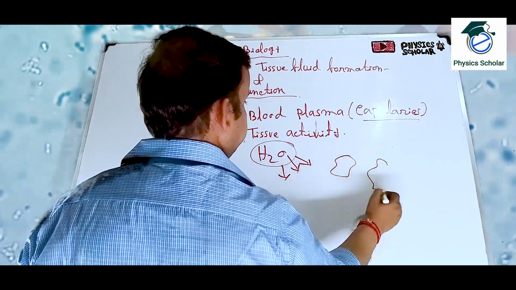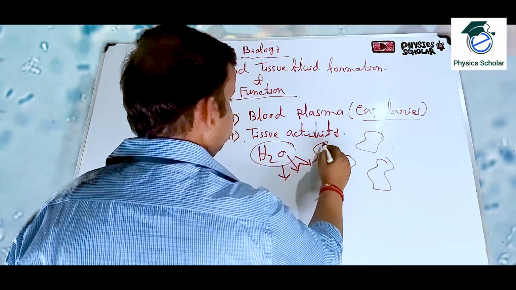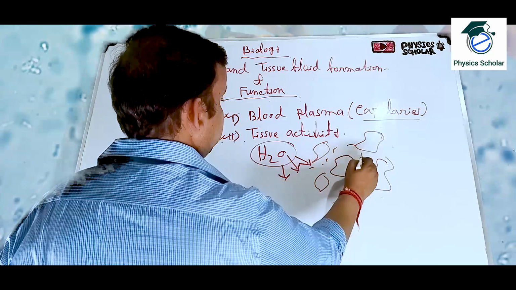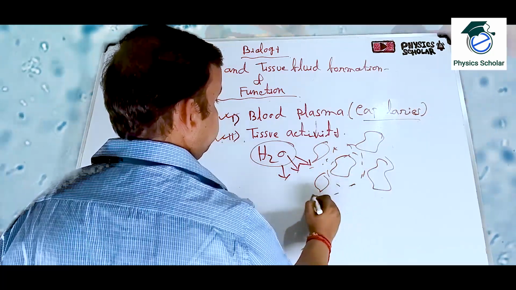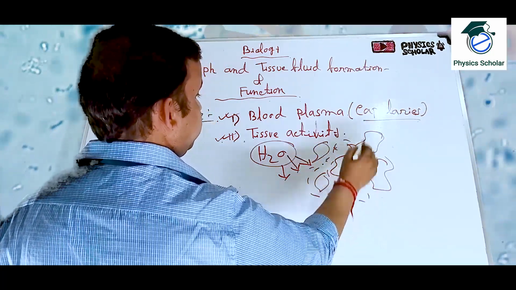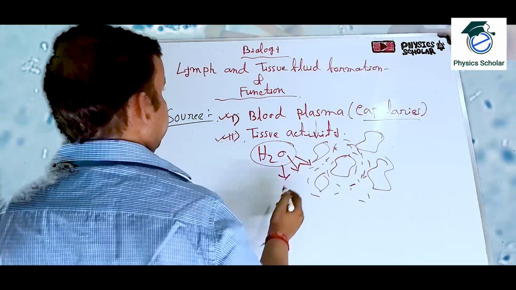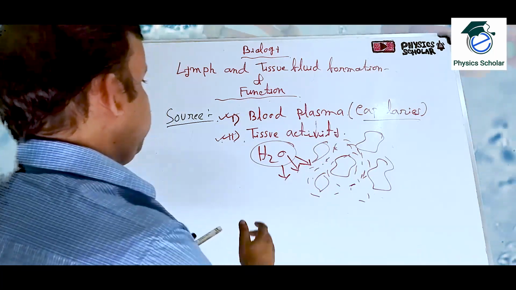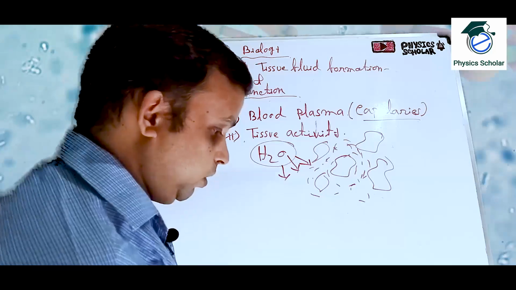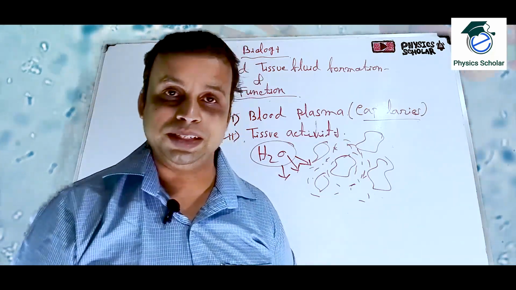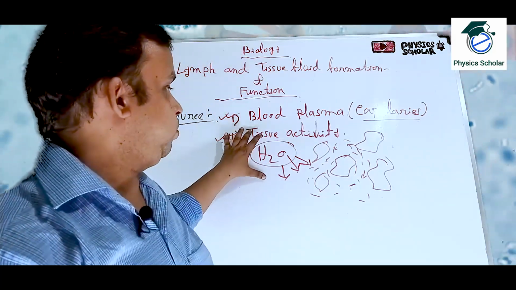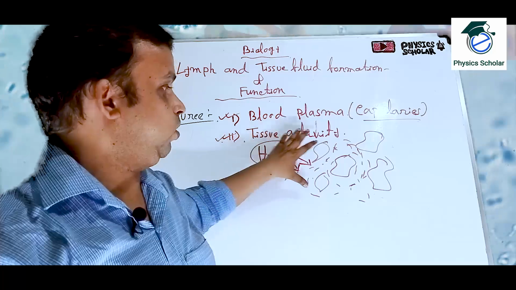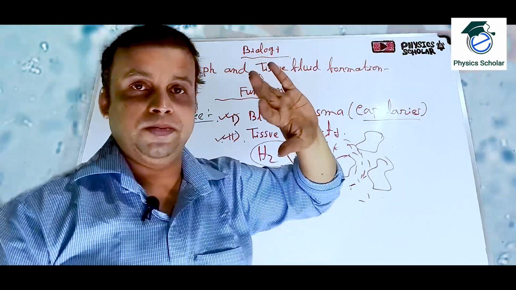In between the gap of the cells or tissues, this water will come and will be deposited or accumulated in the space, okay. That's how the tissue fluid actually develops from the tissue activity. Tissue activity means the metabolic process, okay. Due to the metabolic process the water will be produced and that will come out as a tissue fluid, okay.